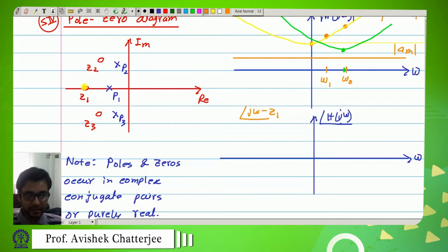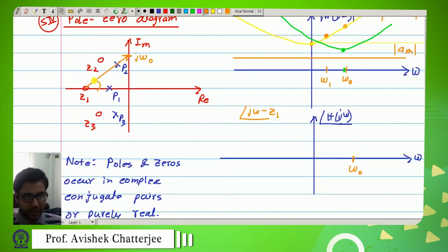Z1 is here, and you pick any particular value of omega, say omega naught. You mark the same point here somewhere. This is j omega naught. Then you join this z with j omega naught. This vector is j omega minus Z1, and then this angle is given by this angle.